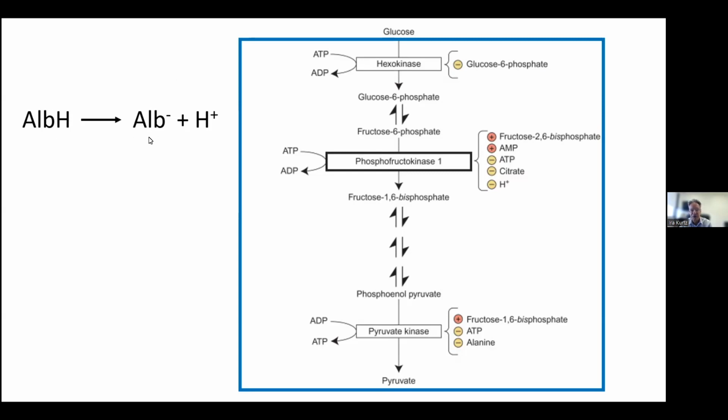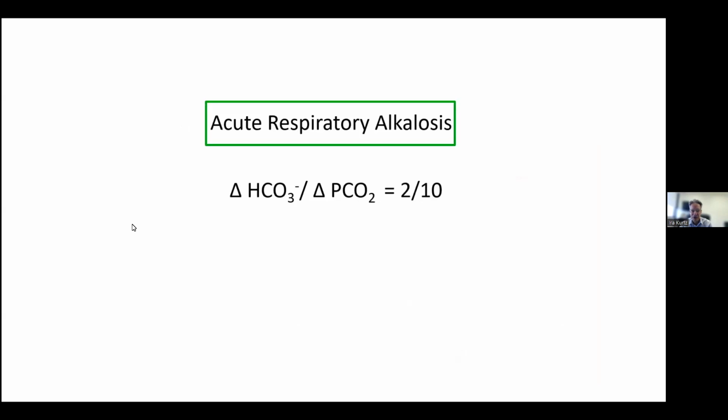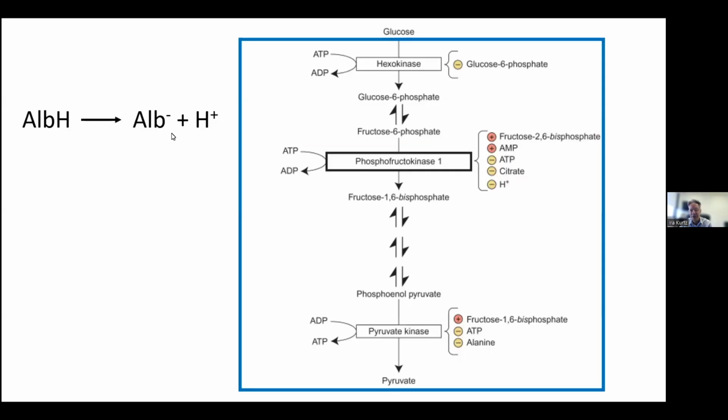So if you raise the pH of blood, such as in this patient, from 7.4 to 7.5, you're going to deprotonate albumin. It's going to release protons, and that will then charge the albumin more than it was before, and your anion gap will go up, not because you change the albumin concentration, but because you change the charge on the same amount of albumin you had before.